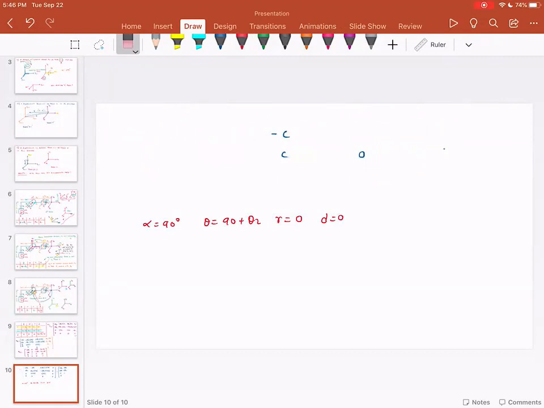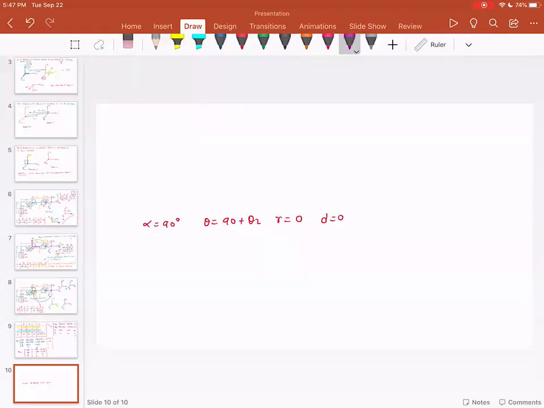I will rework this plugging-in problem because we are past time. So for 1H2, we will have to substitute the value of alpha equal to 90, theta equal to 90 plus theta 2, and then formulate the equation.